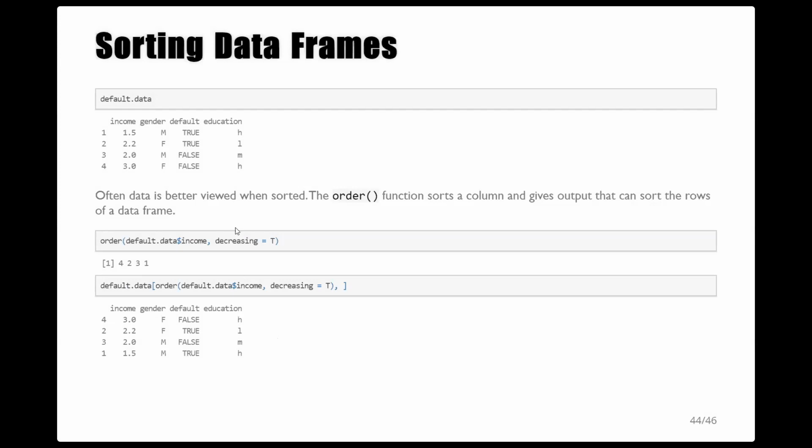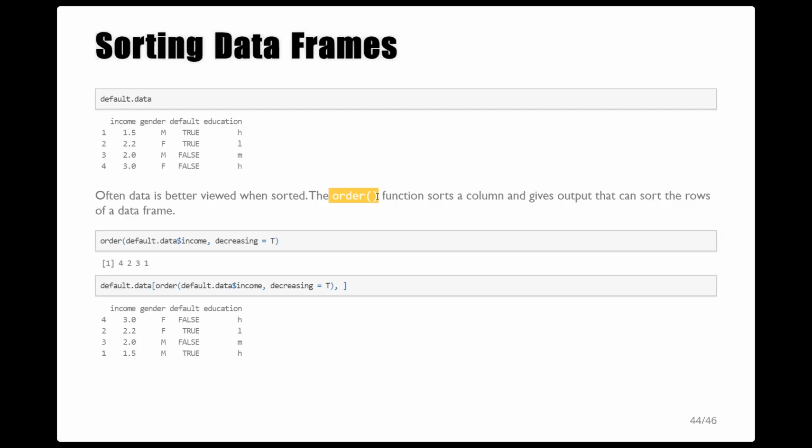If we want to sort a data frame to present it in a better view, we can use the order function to sort rows of a data frame by values in some column. However, the order function does not sort a data frame directly.